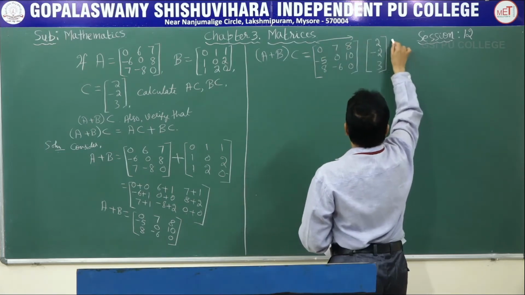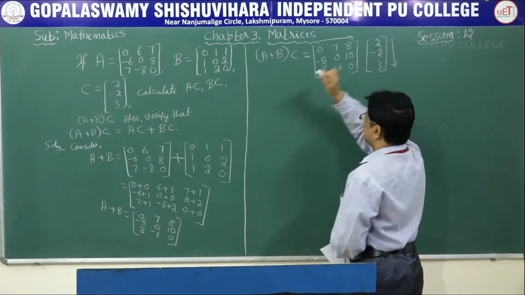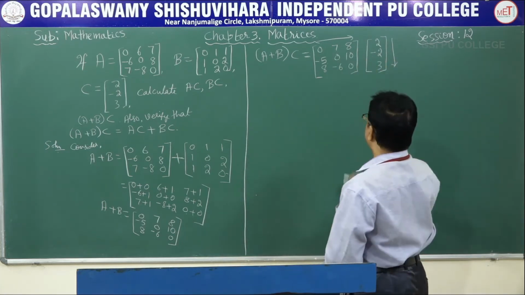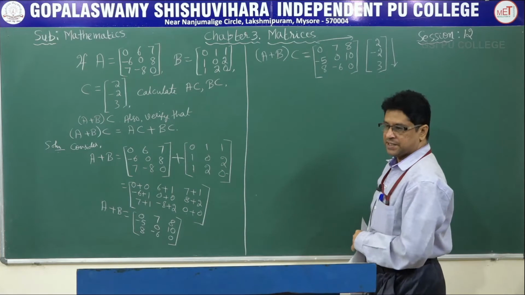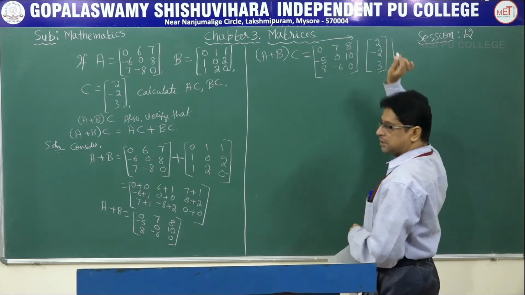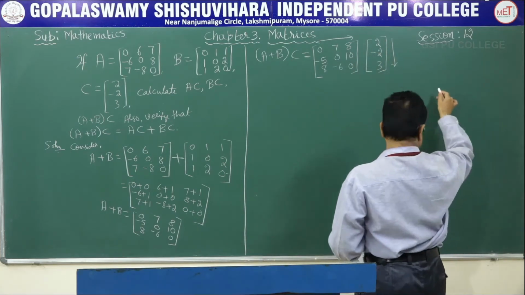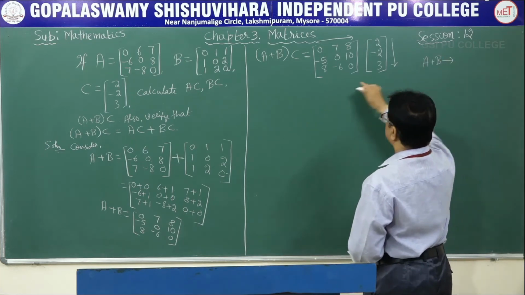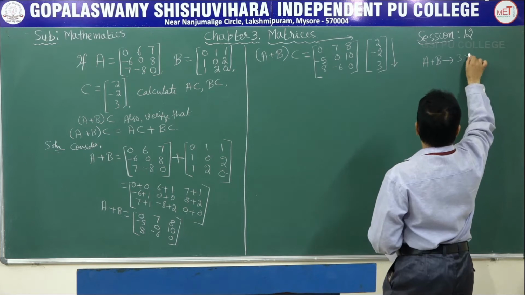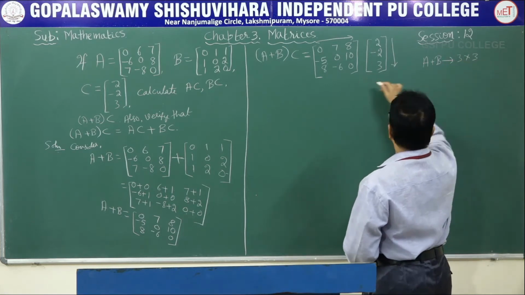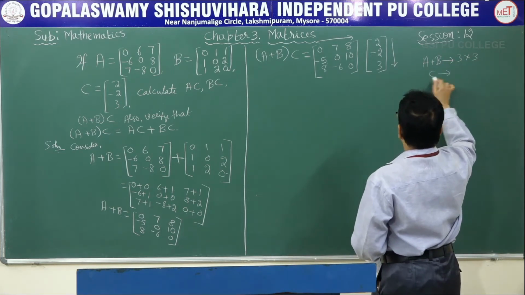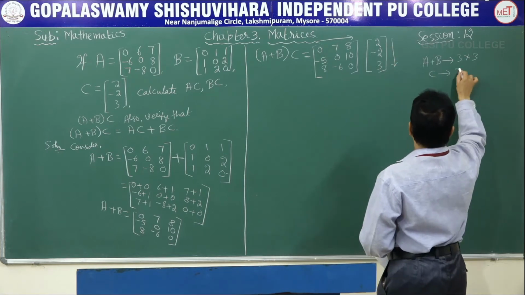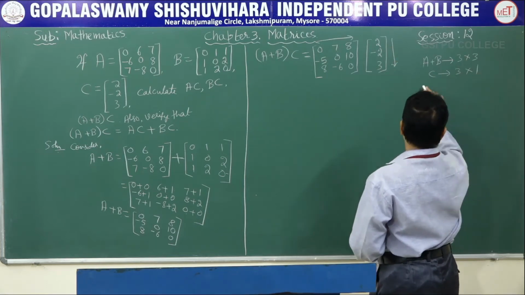As usual, the product of these two matrices is nothing but row into column. So here A plus B matrix is of order 3 into 3 and C matrix will be of the order 3 cross 1.